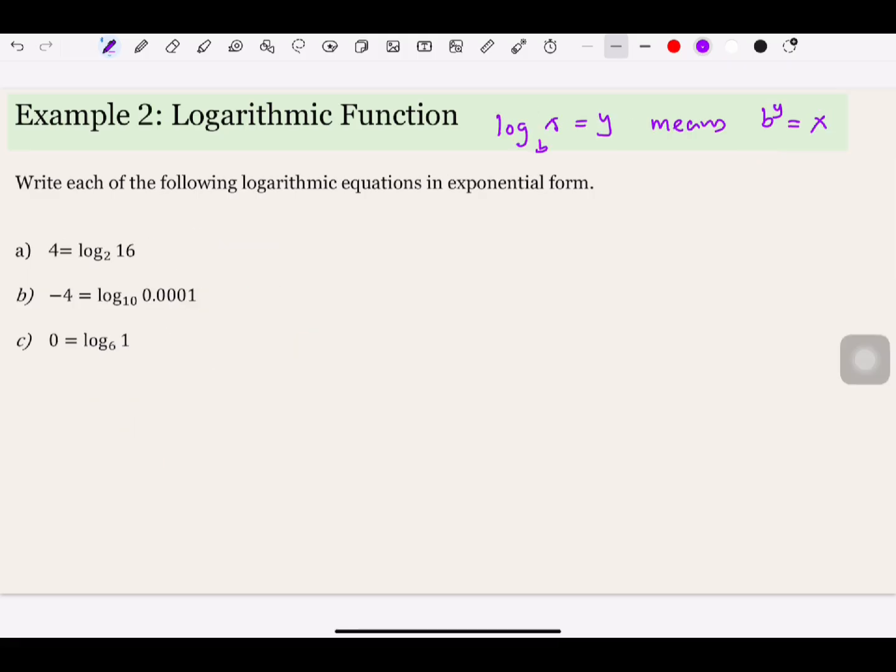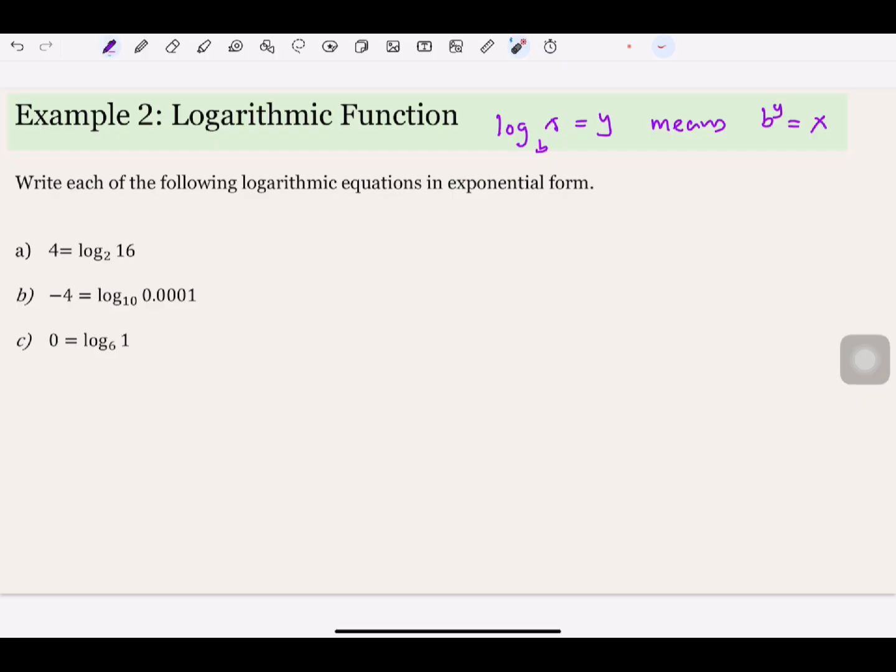Okay, so now let's practice going the other way, converting logarithmic equations into exponential form. This is the connection between logarithmic functions and exponential functions: the log of x with base b equals y means b to the power y equals x. Let's use this connection to write these logarithmic expressions in exponential form.